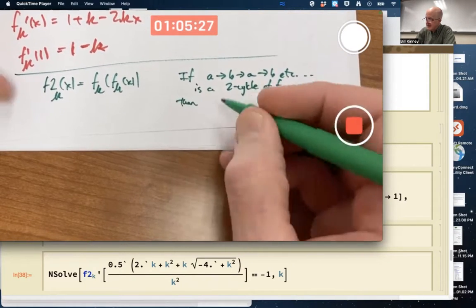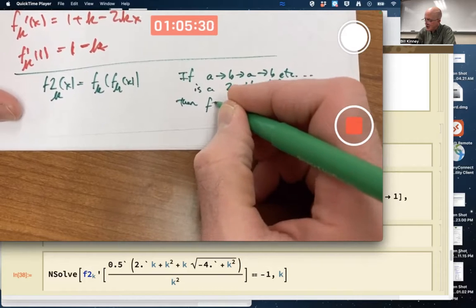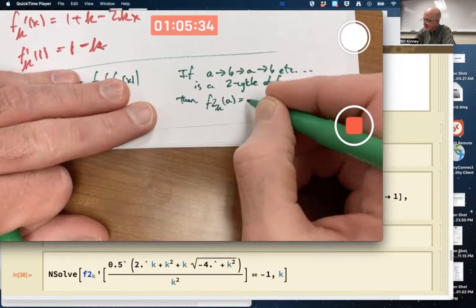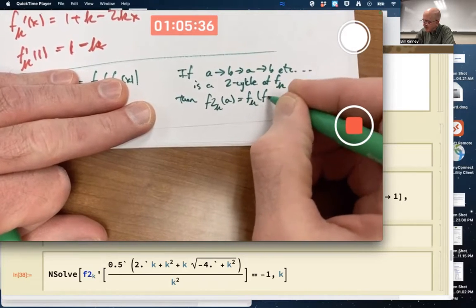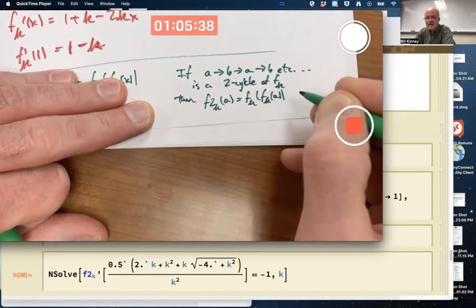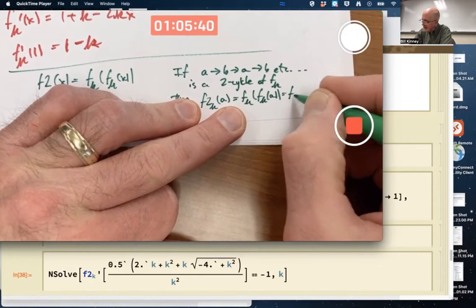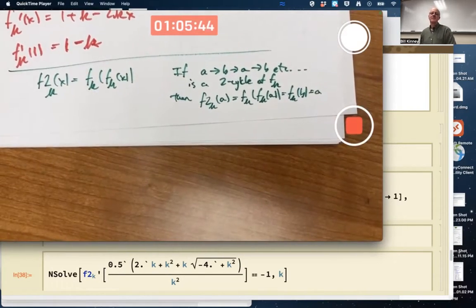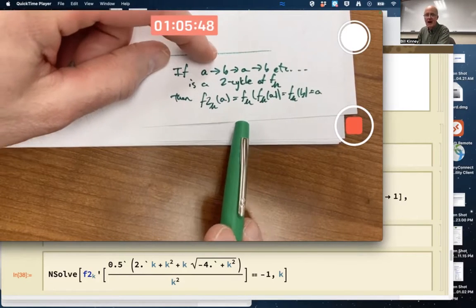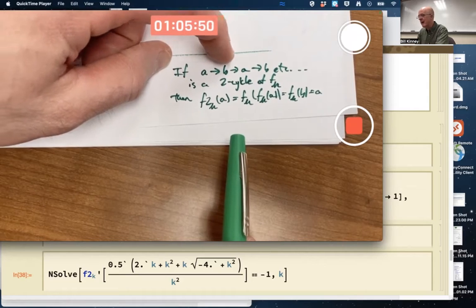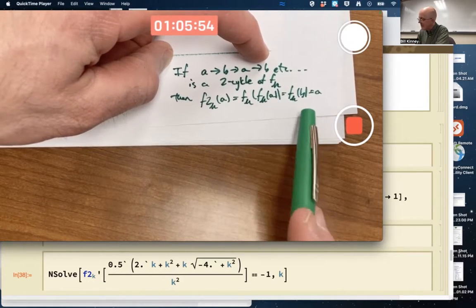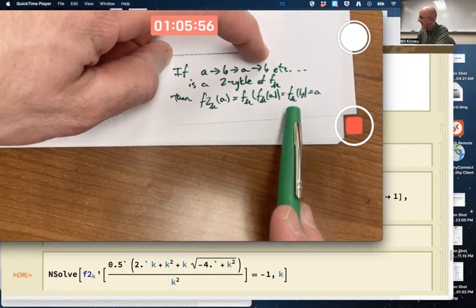Then f2 sub k of A is going to be f sub k of f sub k of A, which is f sub k of B, which will be A. If iteration of f sub k causes A to go to B and B to go back to A, etc., f sub k of A will equal B. And then f sub k of B will equal A.